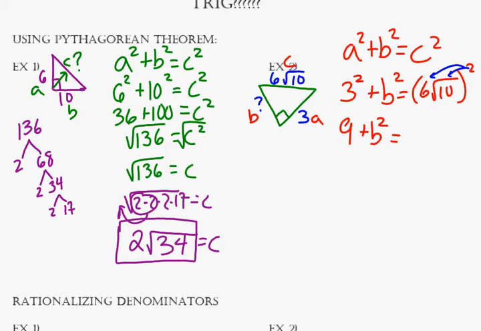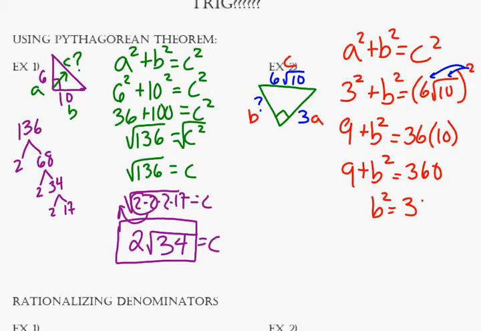So I get a 6 squared, which is 36, and a root 10 squared, which is 10. So I have 9 plus b squared equals 360. I go to solve for b squared. That's going to be 351. And apply the square root, I get b equals the square root of 351.